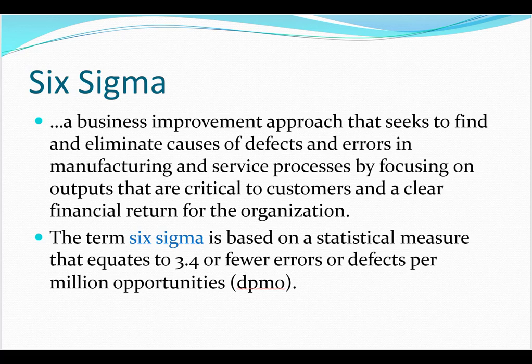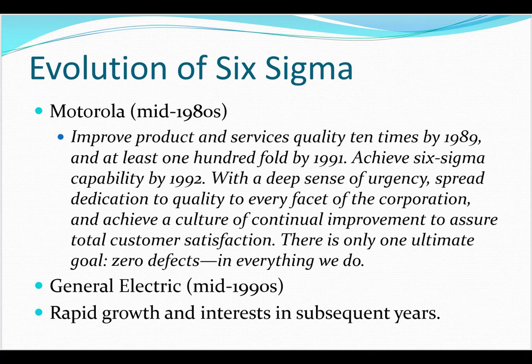And so Six Sigma as a discipline or as a philosophy tries to reduce error, but Six Sigma written with a lowercase s is that statistical way of analysis that equates to 3.4 or fewer defects per million.